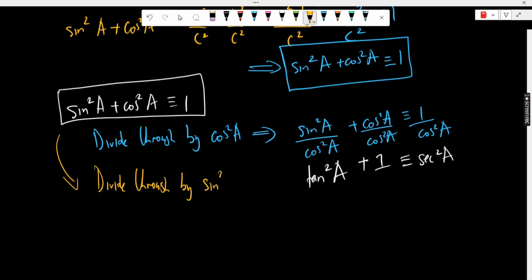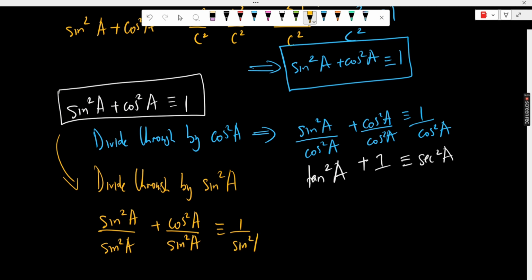by sine squared A. So if we do that, we get sine squared A over sine squared A plus cos squared A over sine squared A would be equivalent to 1 over sine squared A. And from there, we know that sine squared A divided by sine squared A is equivalent to 1.